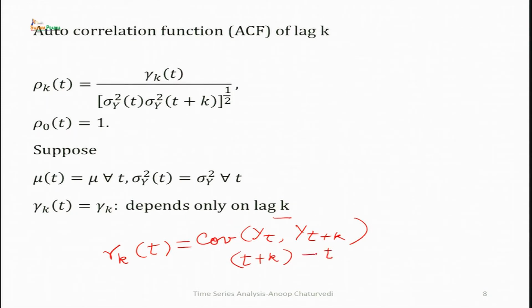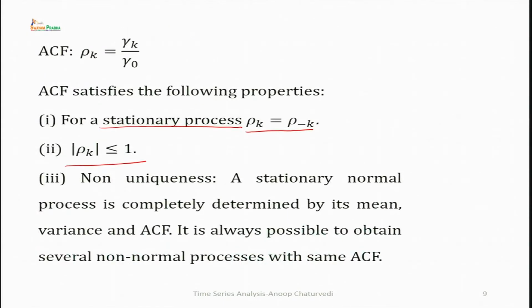What is the difference between these two? It is k. Or you can say that y t is lagging behind y t plus k by k terms. So, gamma k t depends only on the lag k, it is independent of t. Then the autocorrelation function rho k is equal to gamma k upon gamma 0.